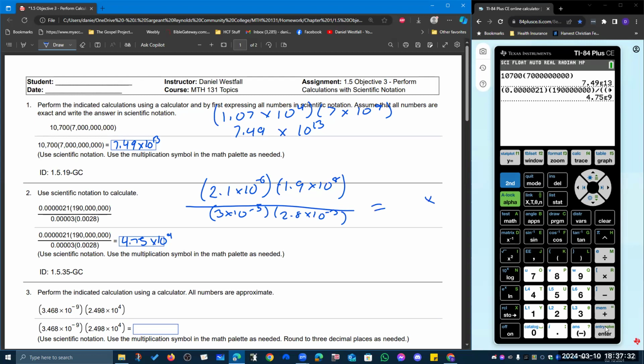So right now I'm looking at 10 to the 10th. And then I have just the 2.1 times 1.9, 3.99. And then 3 times 2.8 is 8.4.